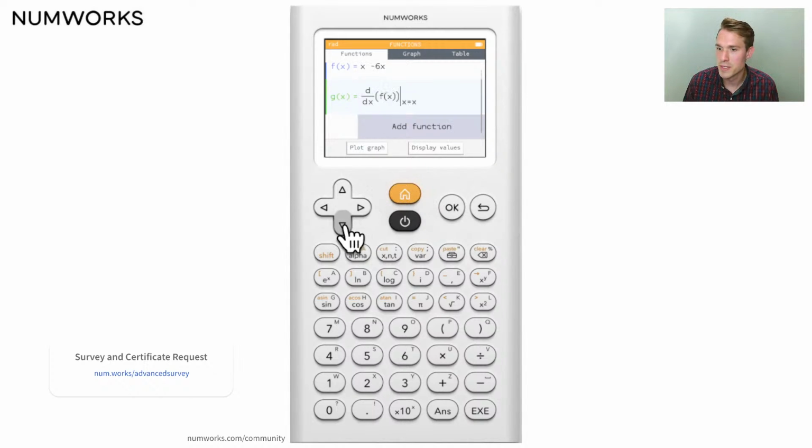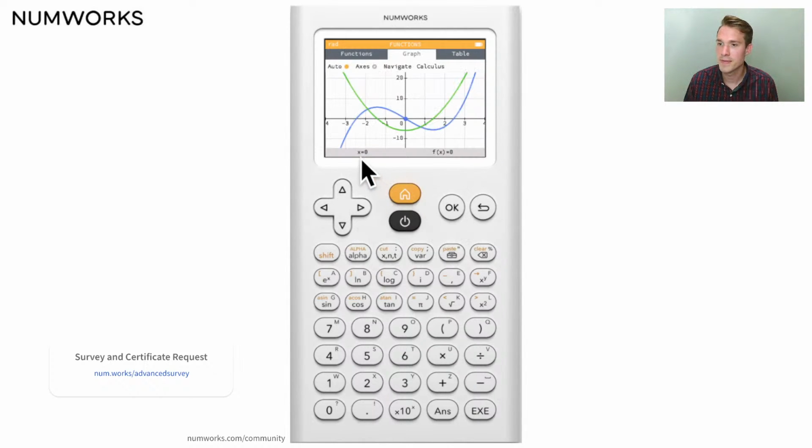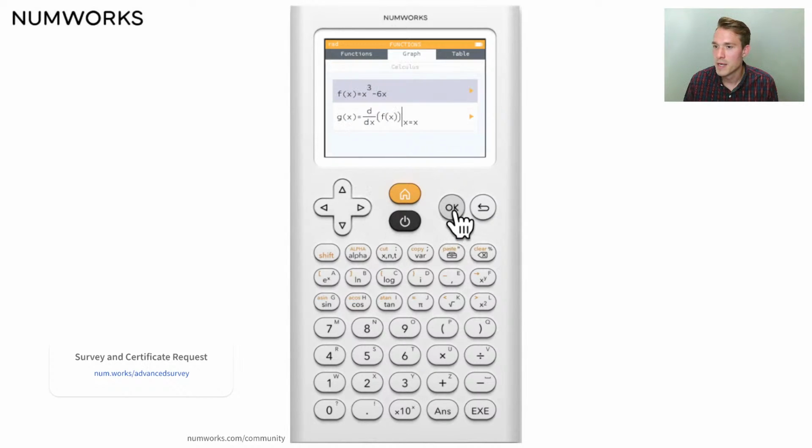And if I were to look at the plot of this graph, yes, I've got my cubic function here in blue, that's f of x. I have my quadratic function, the derivative of my cubic function, in green. And then if I wanted to find my derivative values, I could go into that first derivative and turn on derivative.